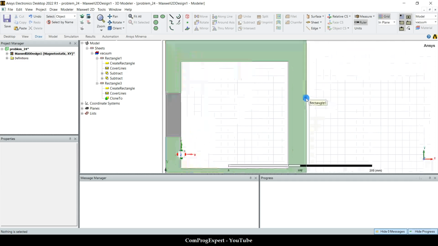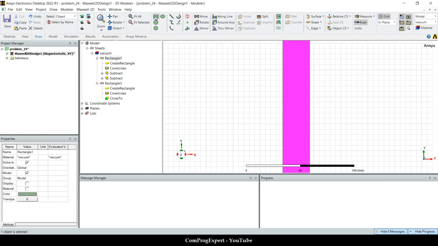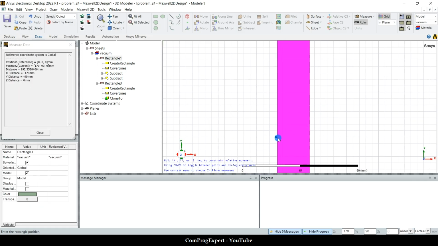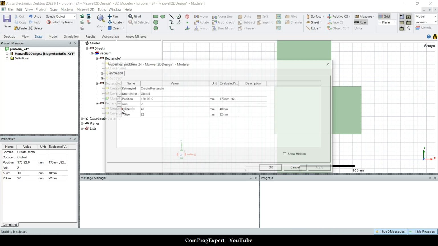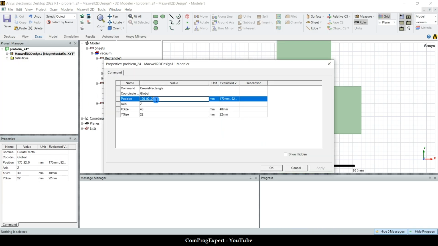And let's generate the air gap. Here we can set the dimensions. This is width of the magnet plus width of the window. This is width of the yoke plus width of the window divided by 2 minus length of the gap divided by 2, and 0.